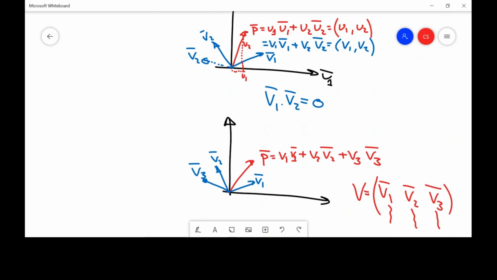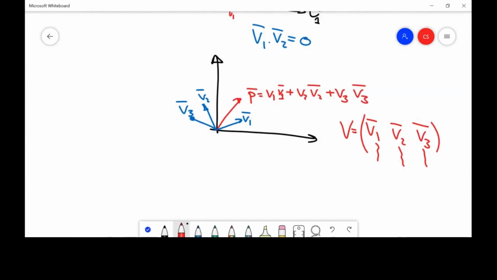What you need is that the rank of that matrix, so the exact condition is that the rank of V, you remember what is the rank of a matrix from algebra, right? So you need that the rank of the V is equal to the dimension of the space, the color space.